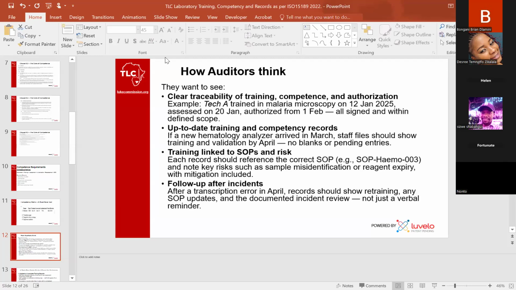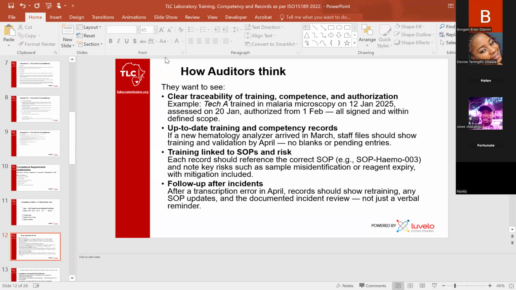That's a funny example because you can authorize earlier, sorry. All signed and within a definite scope. Next, up-to-date training and competency records. If a new hematology analyzer arrives in March, staff files should show training and validation by April. No blanks or pending entries.